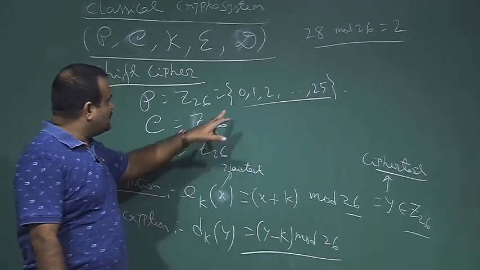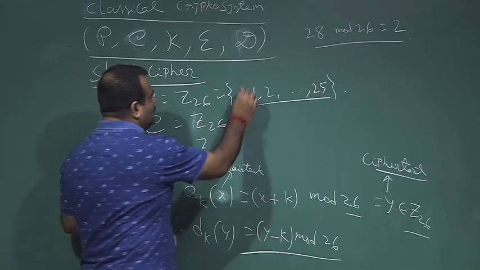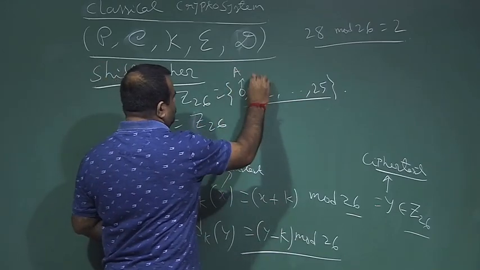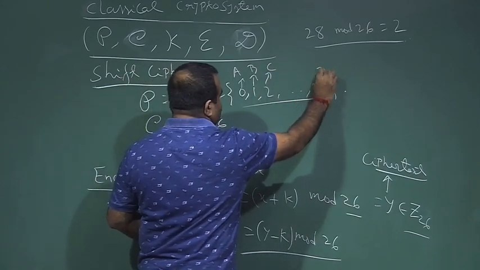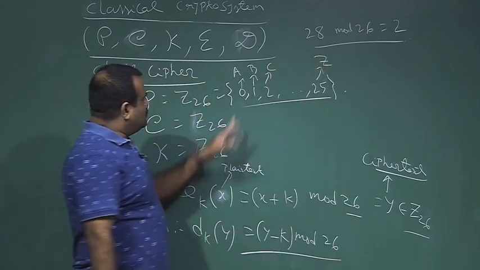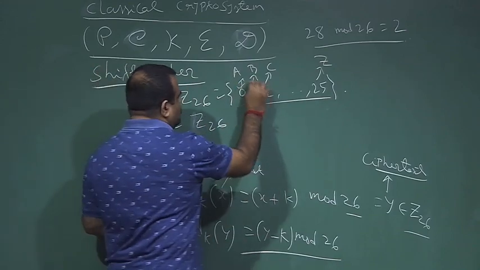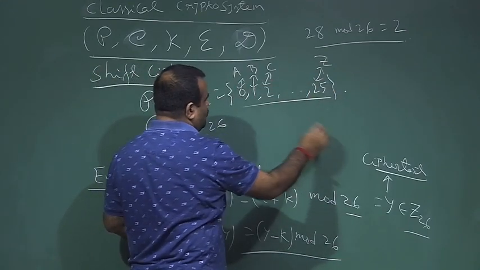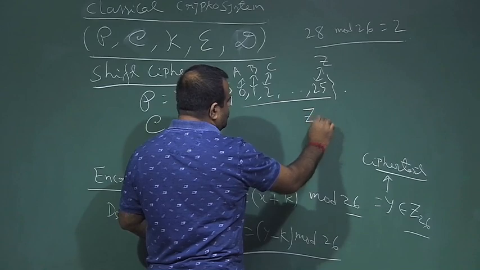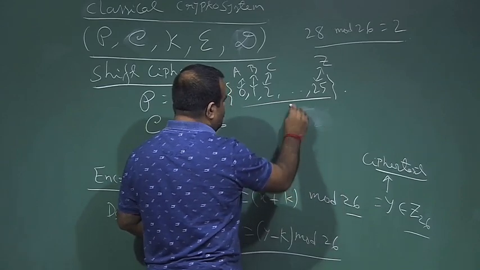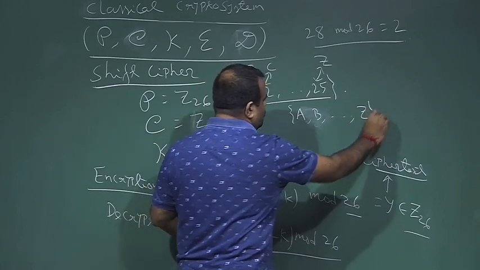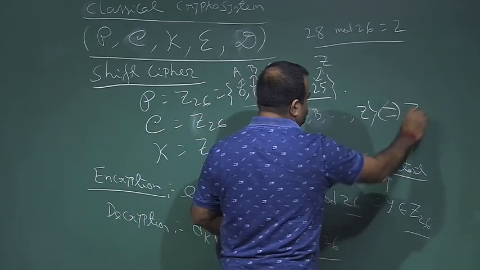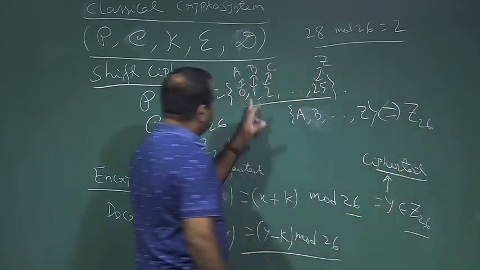So, with 26 letters we can have a one-to-one correspondence. This is A, this is B, this is C, and this is Z. So, we can have a one-to-one correspondence between the English alphabet set and Z26.